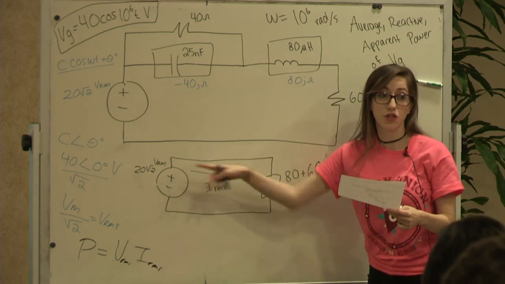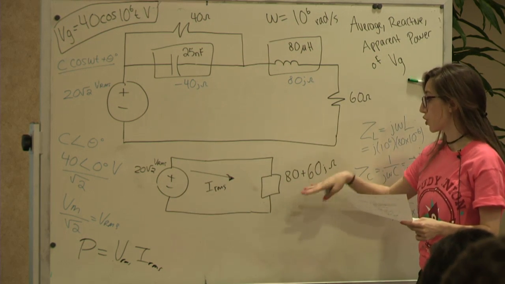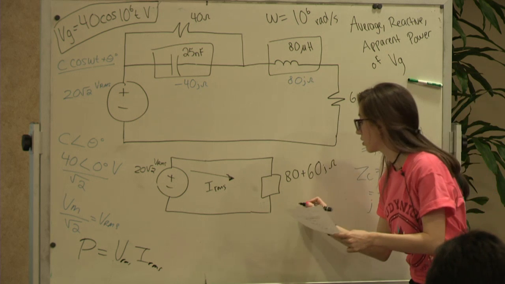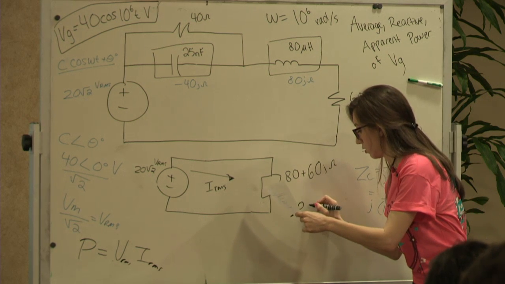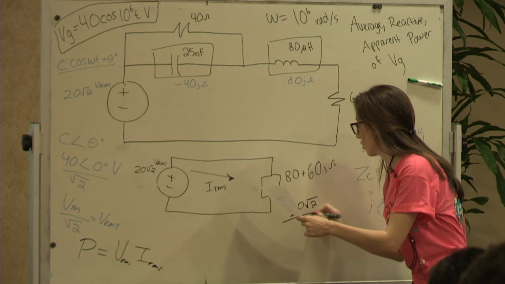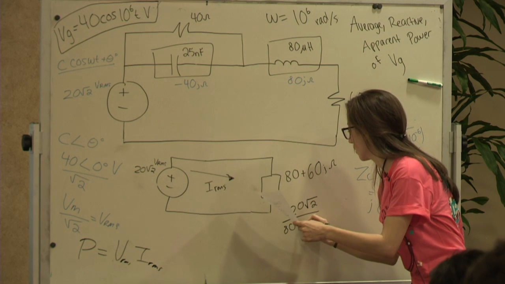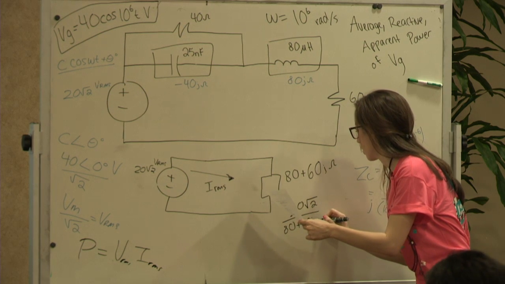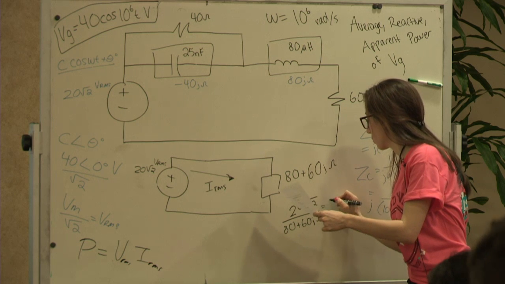Just Ohm's law, right? These are just in parallel. Voltage over impedance. So 20 root 2 over 80 plus 60j ohm will equal IRMS.